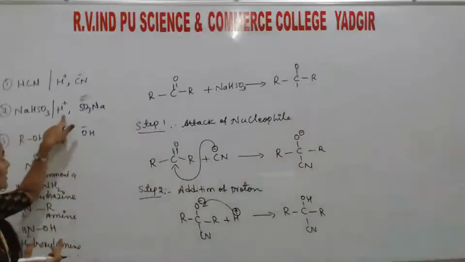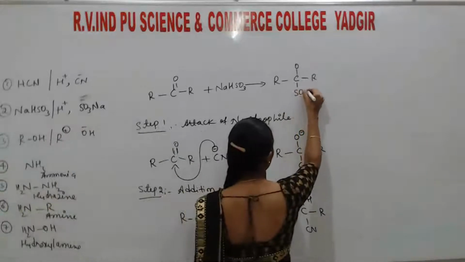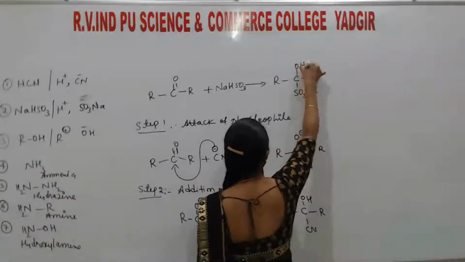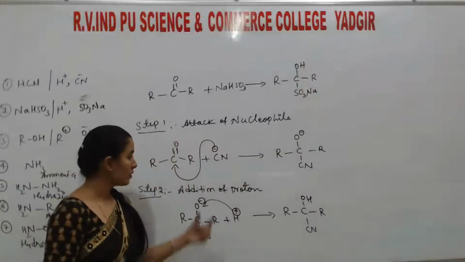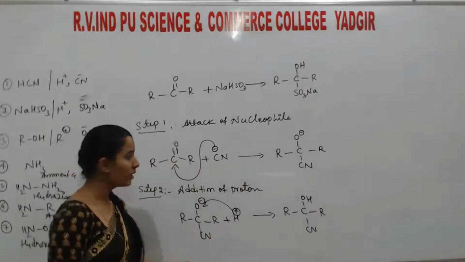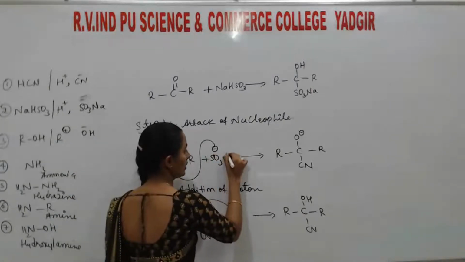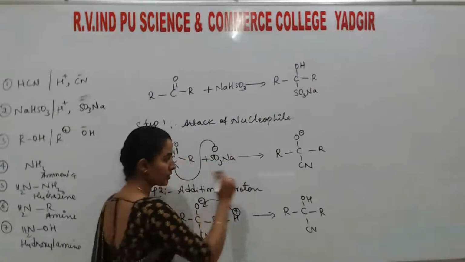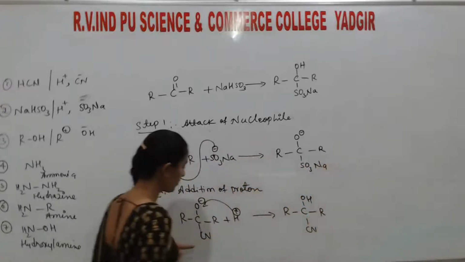This is plus, this is minus. So the minus goes here and the proton goes here. This is the reagent we are going to get. Then in the mechanism, how can you write it? The nucleophile means you write SO3Na here. So this is going to attack, and it will form SO3Na. This step remains as it is.